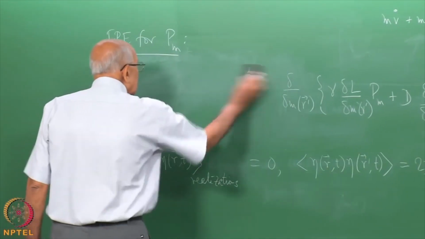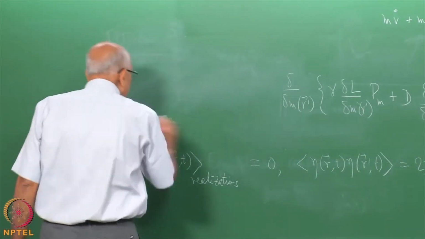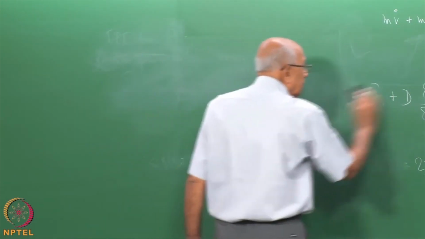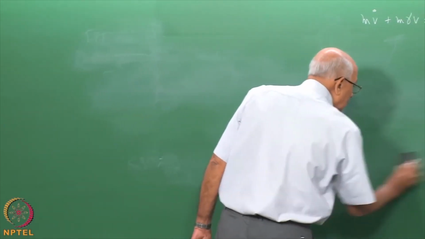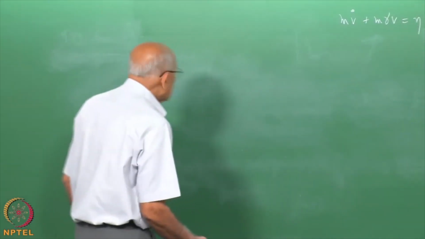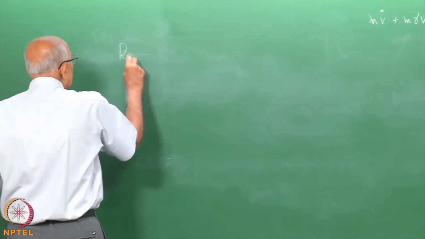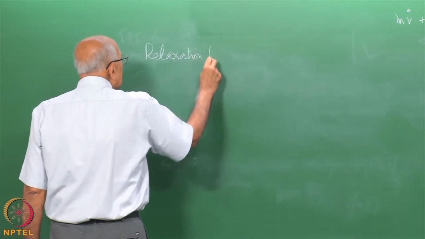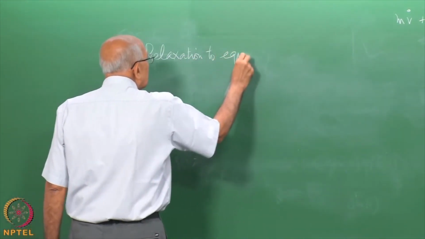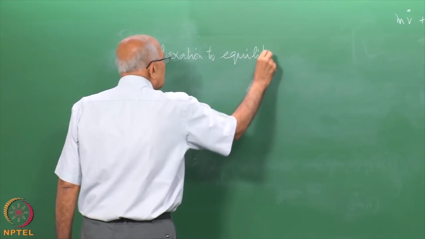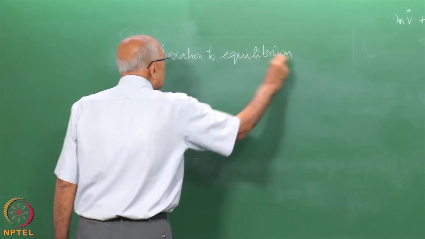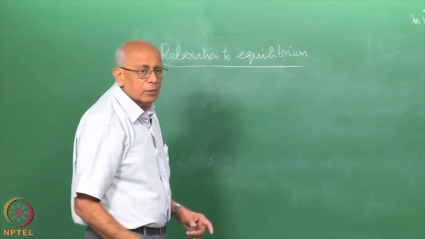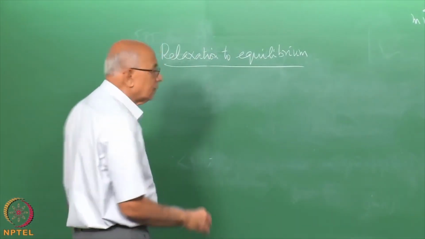However, one can do the following. Can you linearize around? One can linearize, exactly. So we are going to assume relaxation to equilibrium, and let us do this in the simple case when T is greater than Tc.